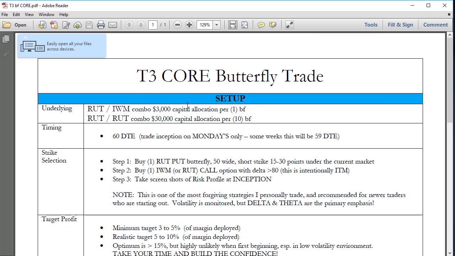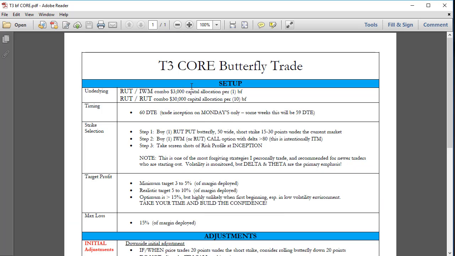T3. Core butterfly trade. This is modeled, and this is similar yet a little bit different than what John has as the M3 core trade, and that was when I personally made my transition into consistent, profitable trading.